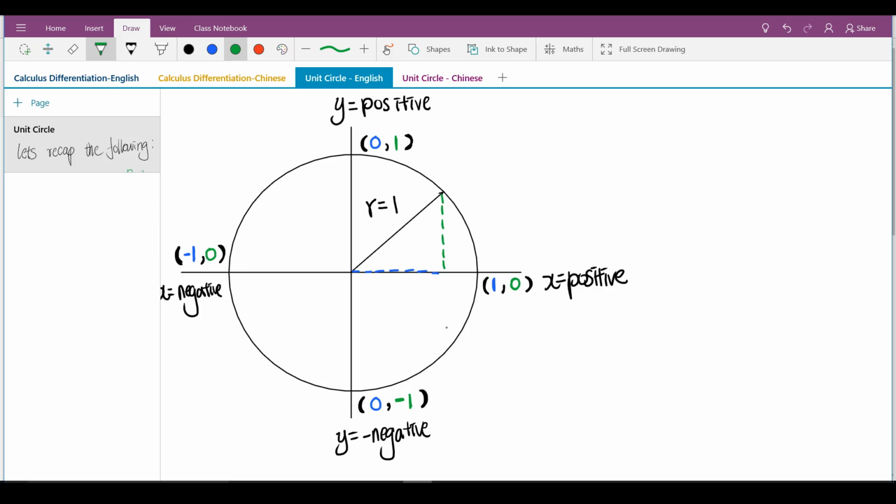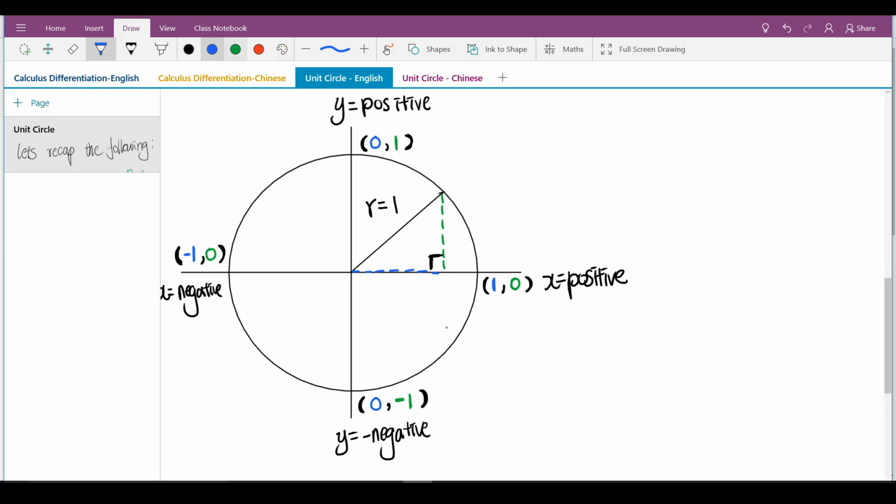And when these two meet, it will form a right angle triangle. And once we've got a right angle triangle, great, we can use sine, tan, and cosine to find out what the angle is.